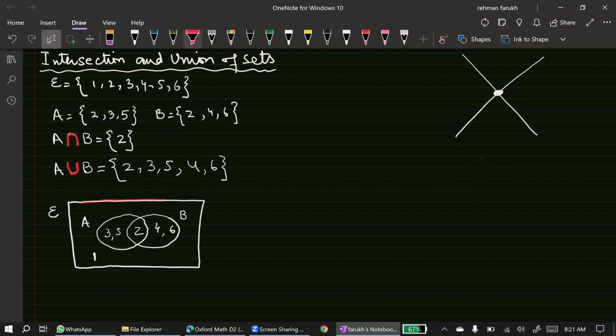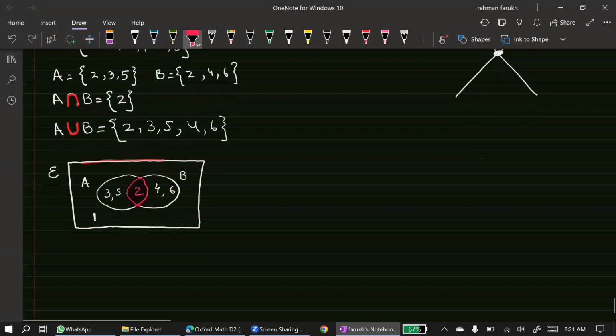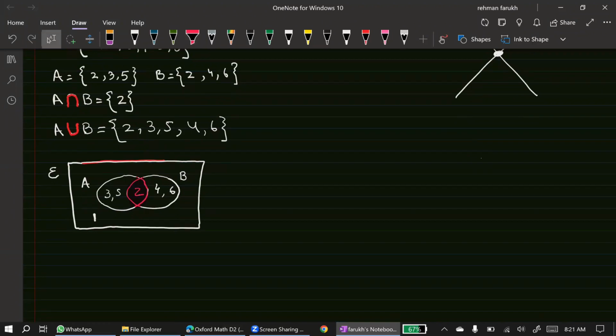So we will shade this region. Shaded with red is the intersection portion. So this portion is known as A intersection B.